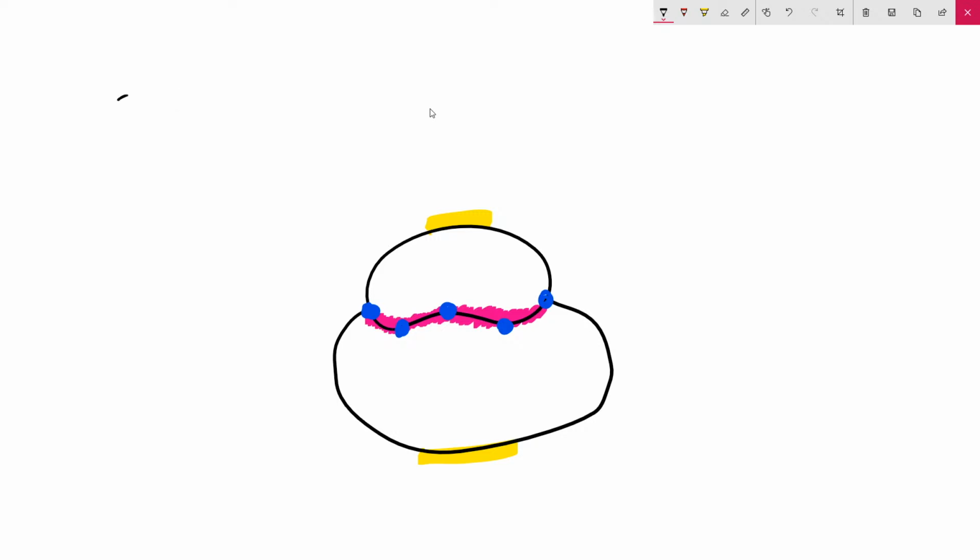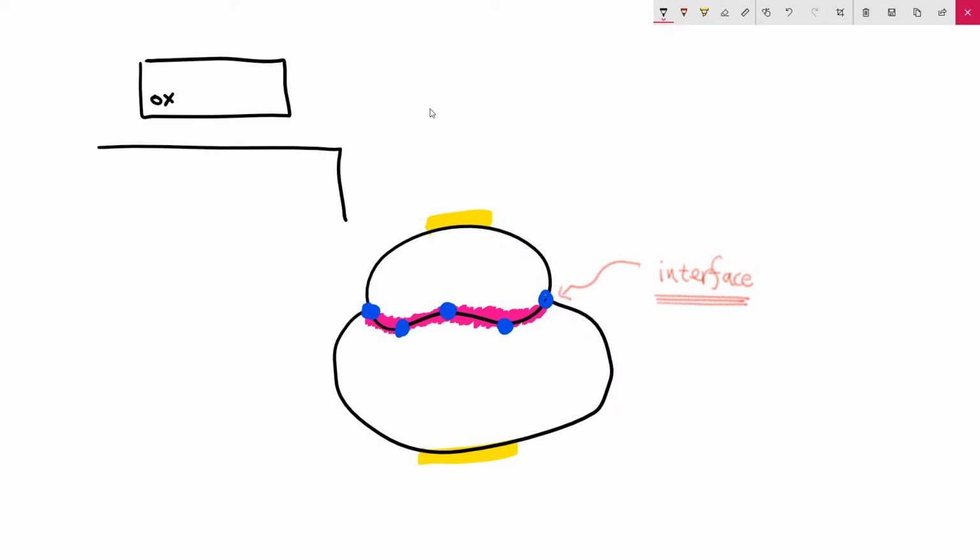For example, the main difficulty comes from this interface. However, before directly talking about the interface problem, first of all, let's think about a certain case. Here we have oxide, and here we have silicon.